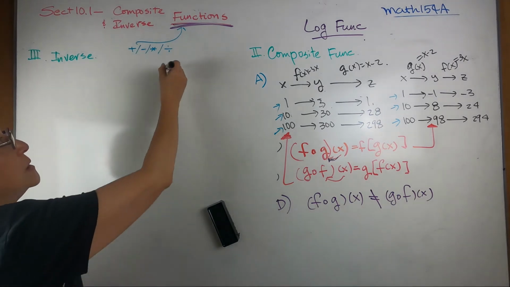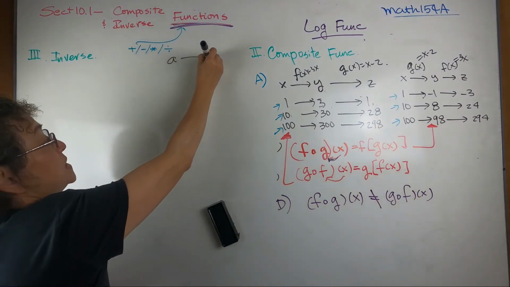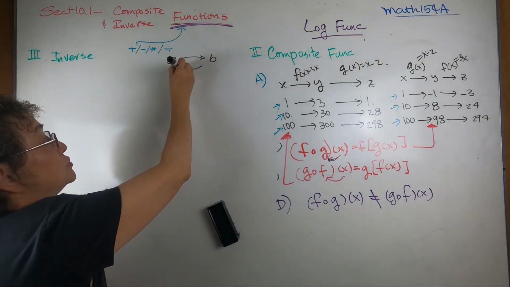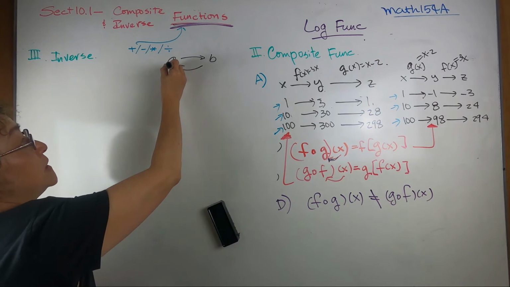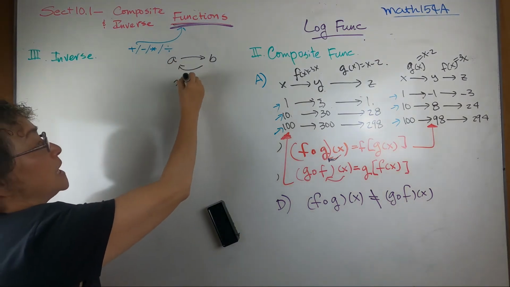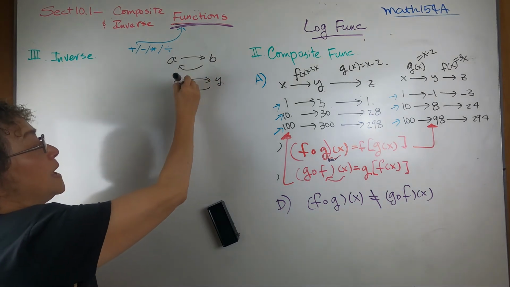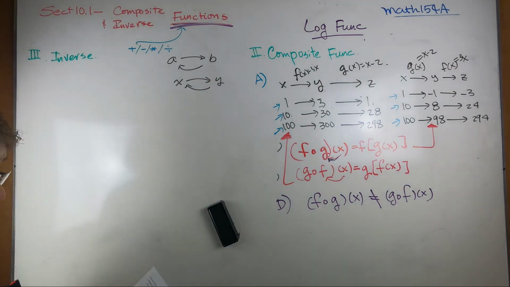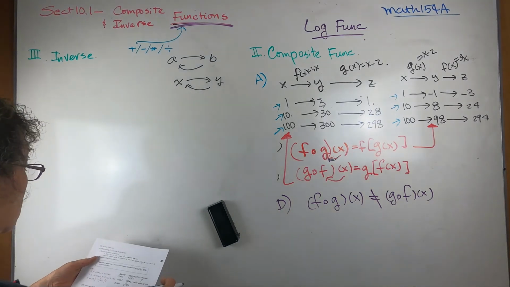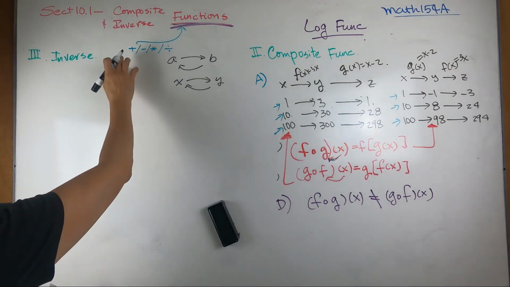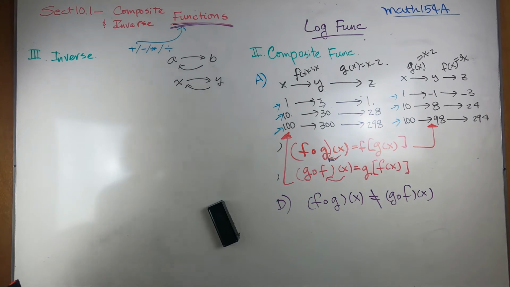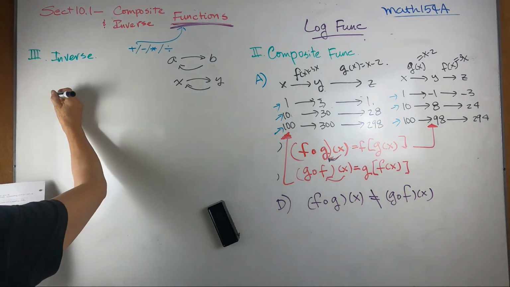Inverse means if you go from A to B, you reverse what you did, so you go back from B to A, back to the original position. So if you go from X to Y, then you go back with Y to X. So the function, what is a function? We have to inverse the functions, right?